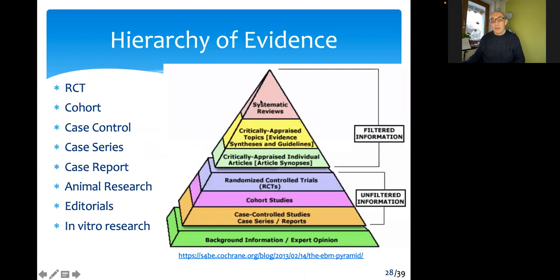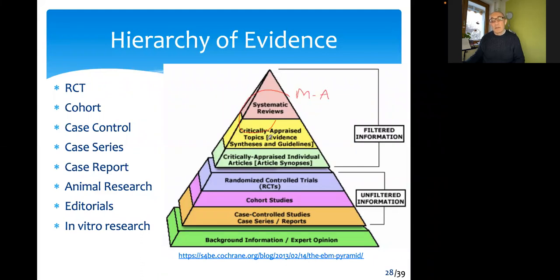There is this pyramid called the hierarchy of evidence, and this one is taken from the Cochrane. As you see, on the tip of the pyramid, the best evidence, the strongest evidence, are what? Systematic reviews, or what we also call the meta-analysis.